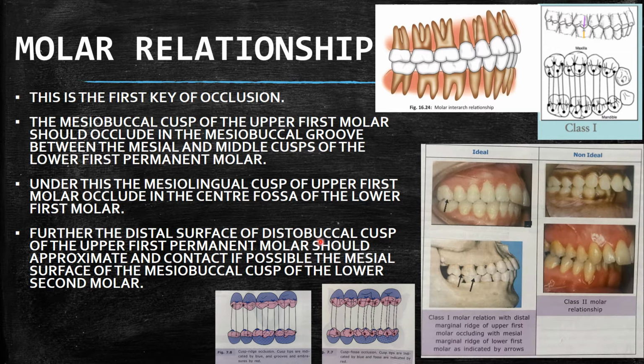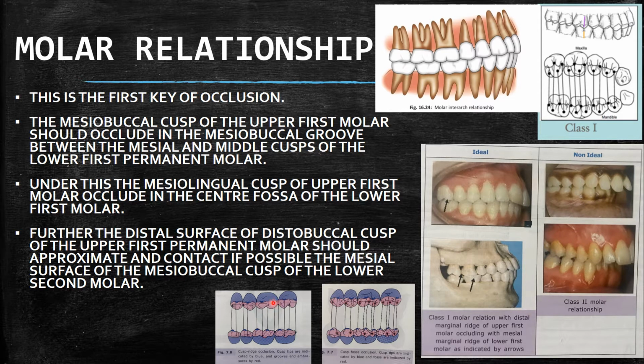Now the distobuccal cusp of the upper first permanent molar should approximate and contact, if possible, the mesial surface of the mesiobuccal cusp of the lower second molar. So this is the distobuccal over here.